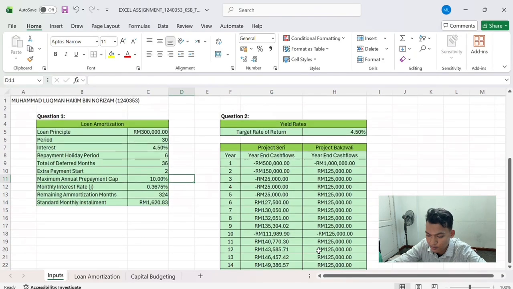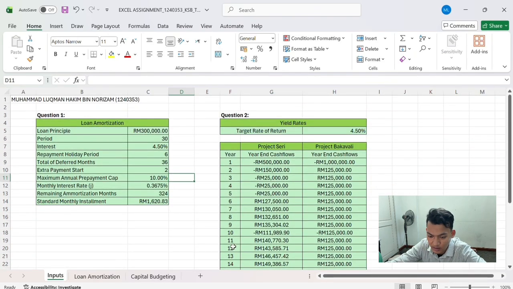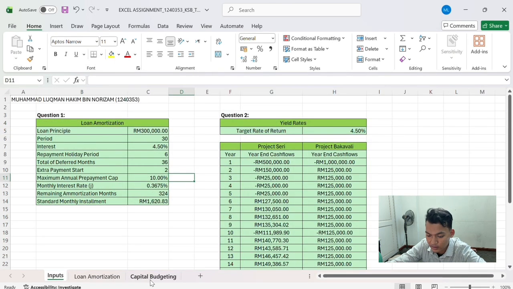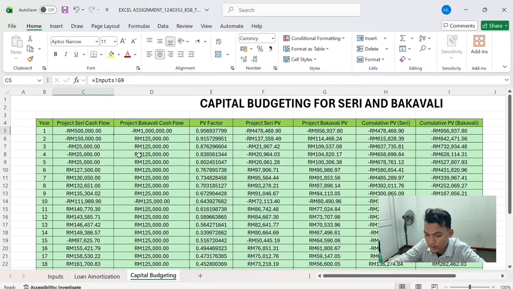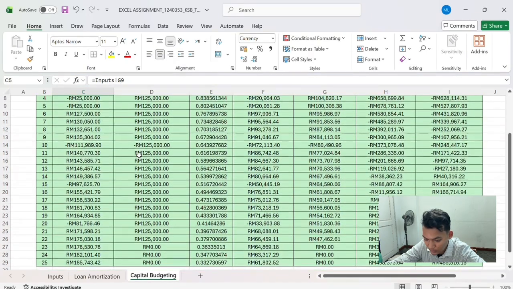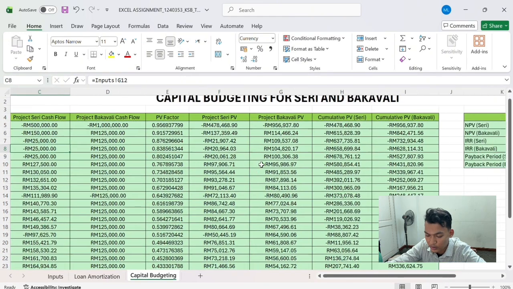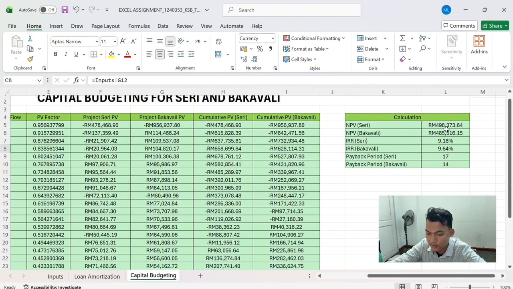So in the input tab here, I've already copy-pasted all the cash flow for both Project Seri and Project Bakawali. In the capital budgeting tab, the data is automatically taken from the inputs using the formula.